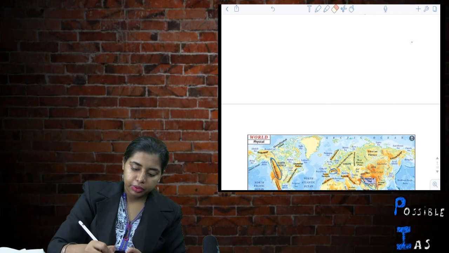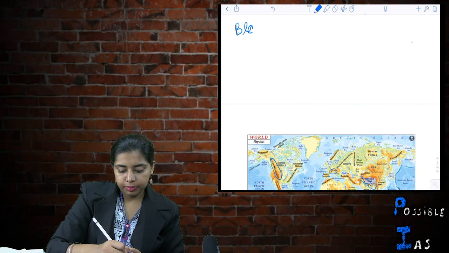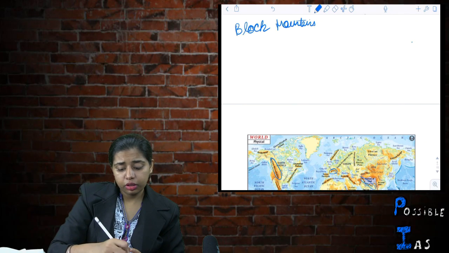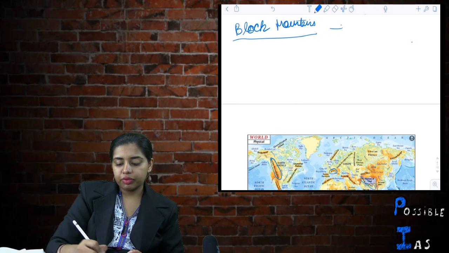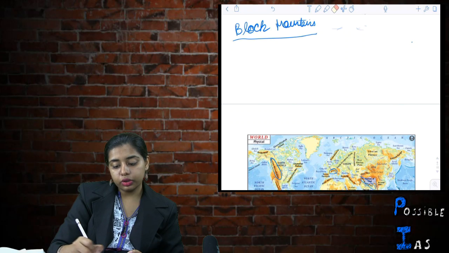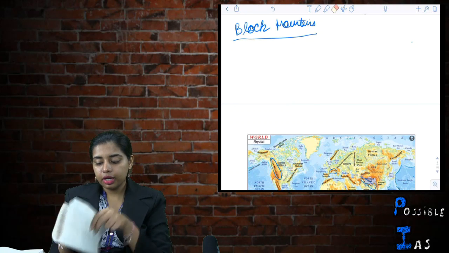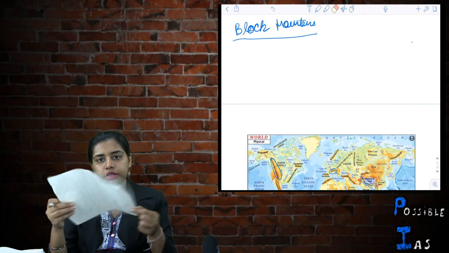The next type of mountains are known as block mountains. When folding is happening, we studied compression, but there is also tension, where the Earth's crust moves apart.